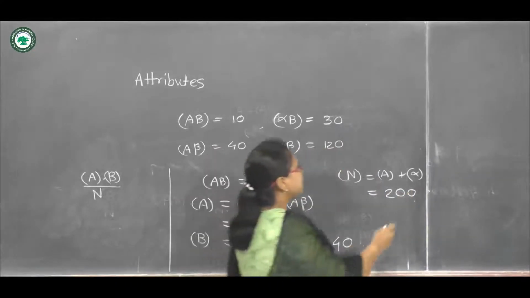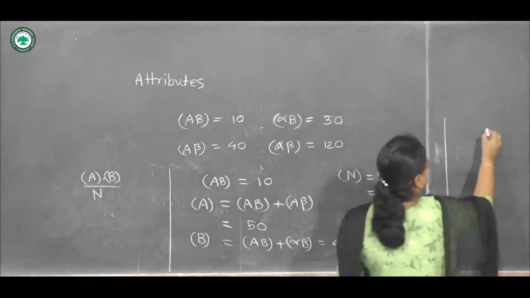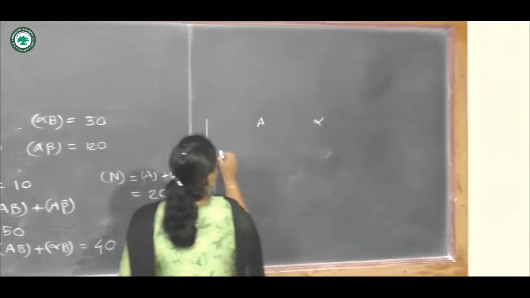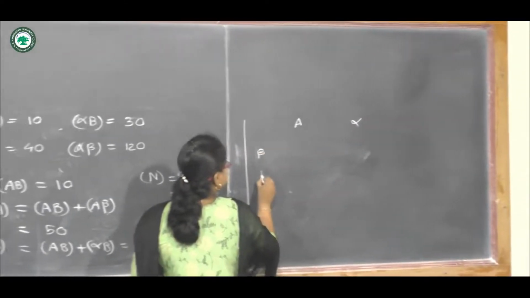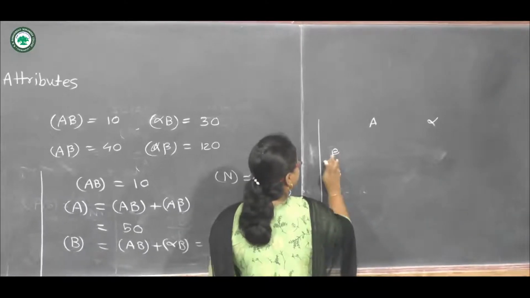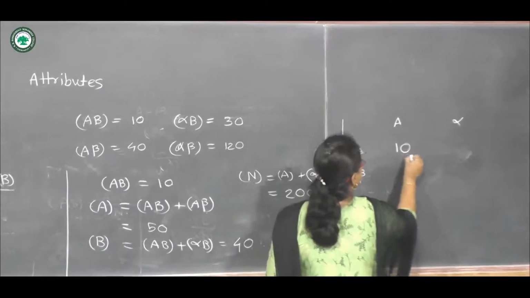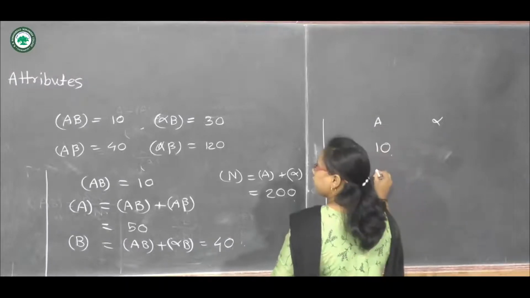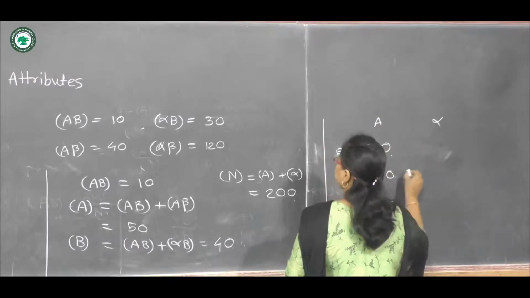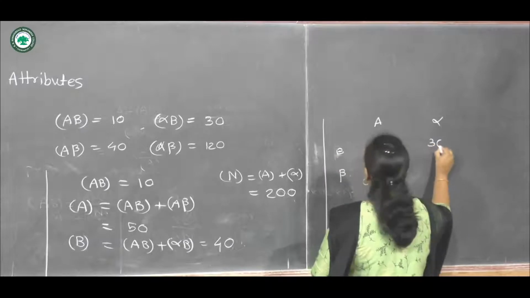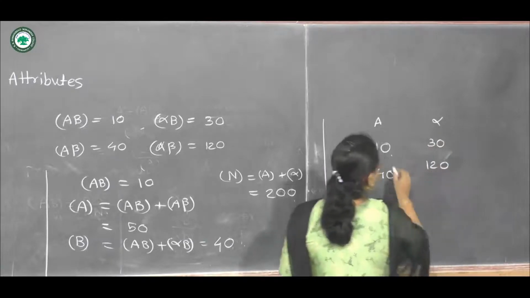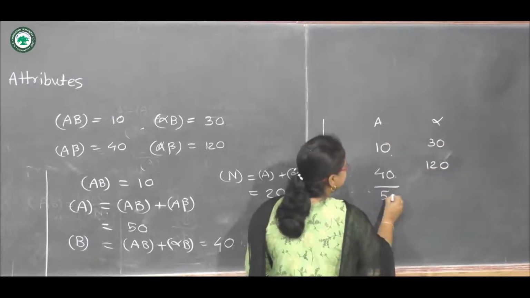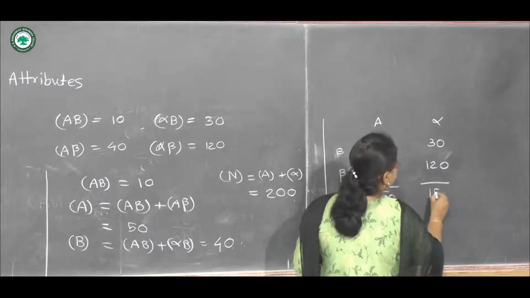To simplify this, we can write down this table also: A, alpha and B, beta. In this table this is 10, then A beta is 40, alpha B is 30 and 120. If we take the vertical sum, it will be 50 and 150.